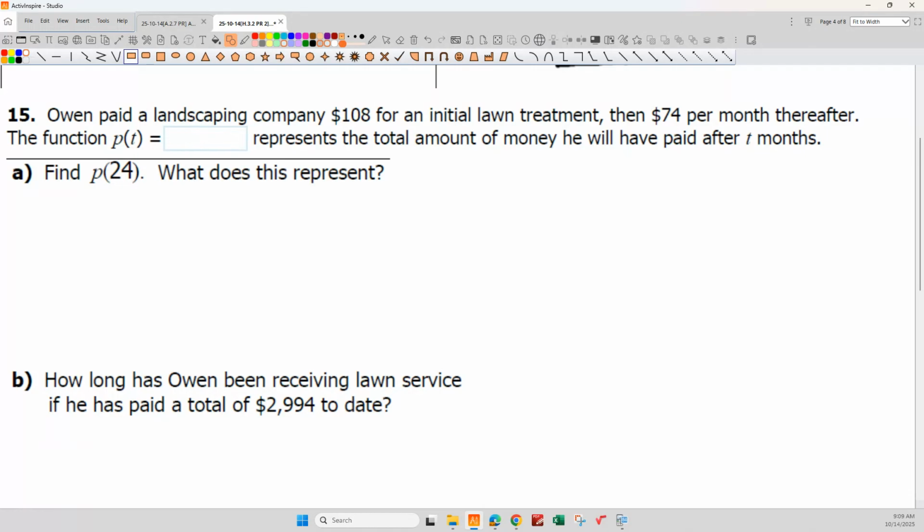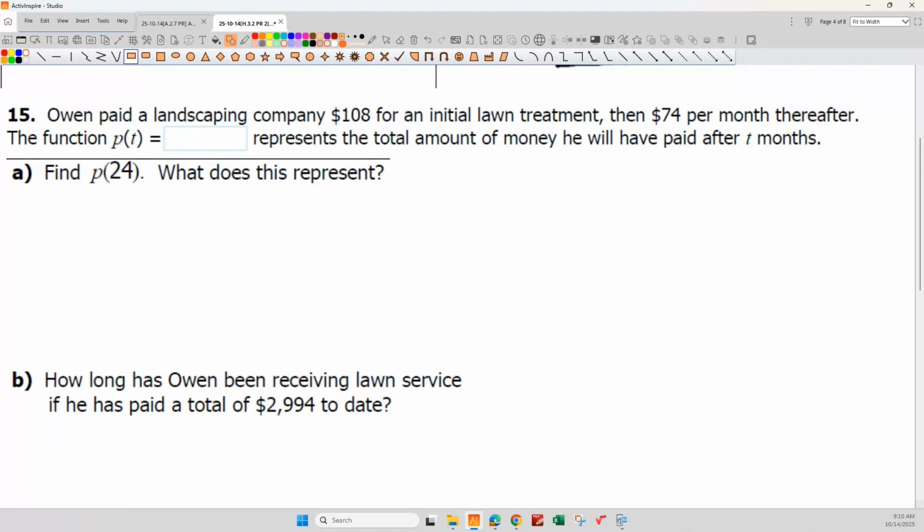Can you guys make a function then? If we're going to say P of T represents the total amount of money he's paid after T months, what's our input variable? T. What does T represent here? Months, because they have to tell us. T could represent minutes or hours or something, but no, it represents months.